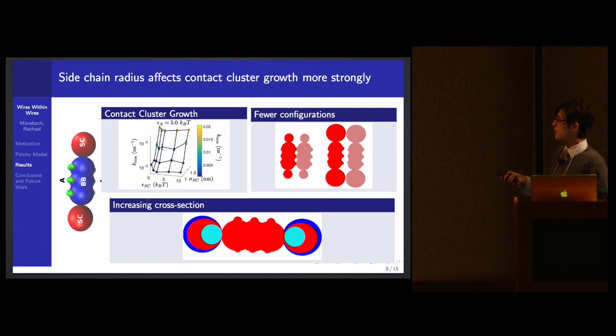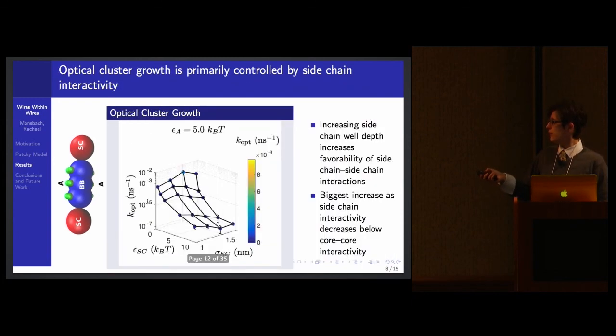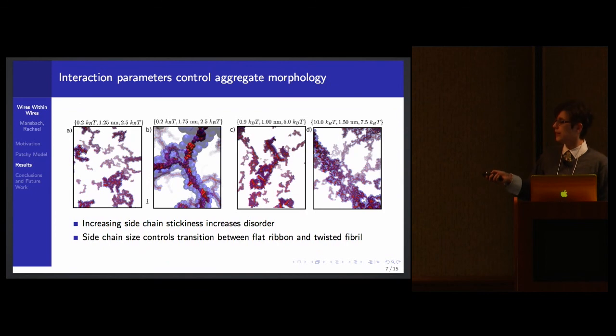But on the other hand, we have fewer configurations available where these things can interact and are actually optical because of these steric constraints when the side chains get bulky enough. And that also affects the morphology, as I mentioned. That's why we're seeing a twisted fibril for large side chains as opposed to these kind of flat sheets.